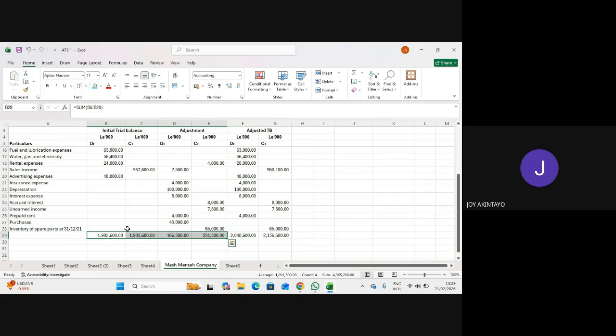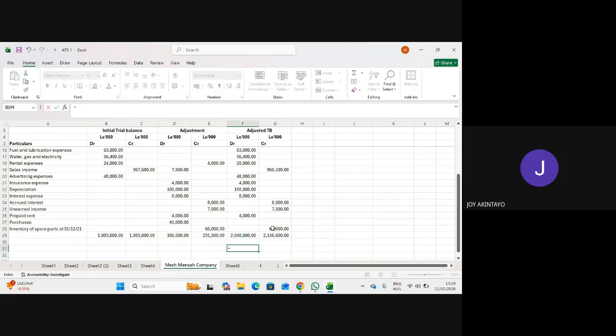Okay, this one agrees. Where do we have it? What's the difference before this? Which one is bigger? This one is bigger, minus this, 108. The credit side is higher than the debit side. What happened?